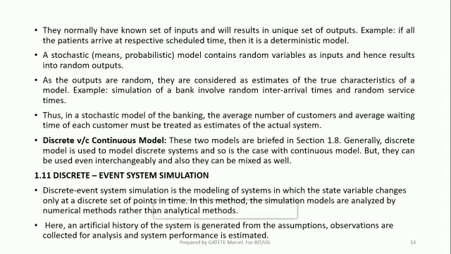But if we have a continuous model, it means we are simulating a system which changes continually. Here we took the example of a dam. When the rain is coming, the water of the dam will increase continuously. So this is a continuous model.